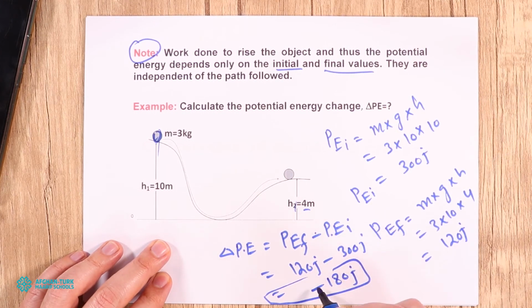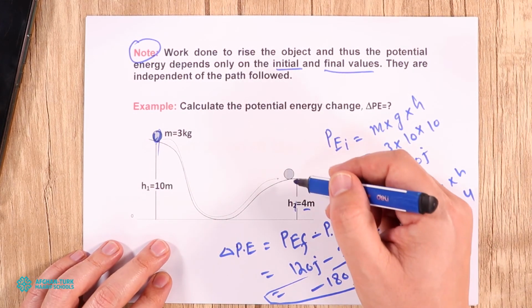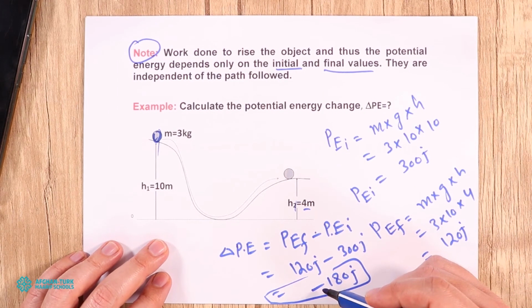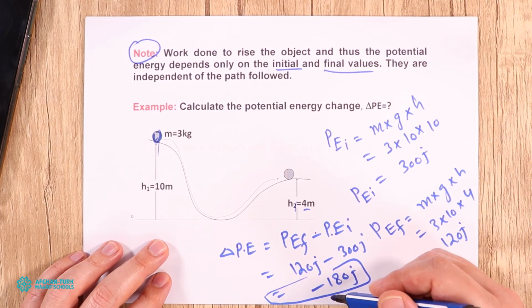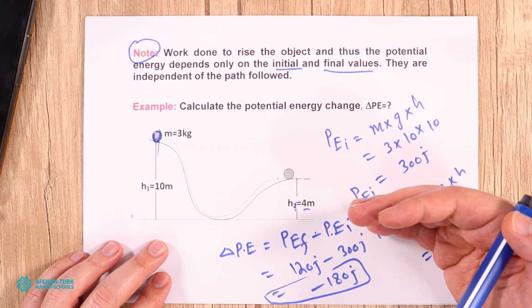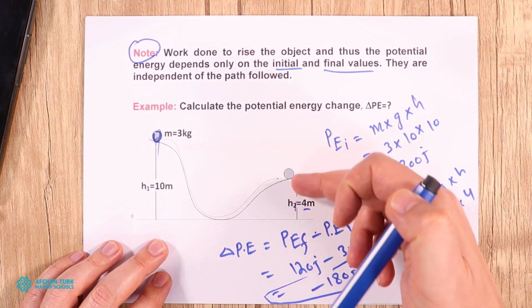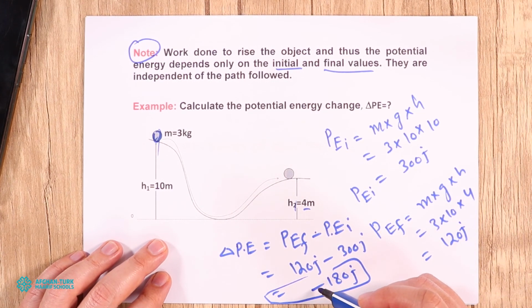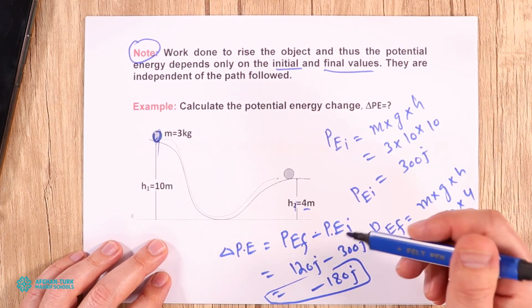So what does this negative sign mean? It means the potential energy has decreased, not increased. If the value is positive, the potential energy has increased, but here the height has decreased, so the potential energy has also decreased. The negative sign shows the decrease in potential energy.